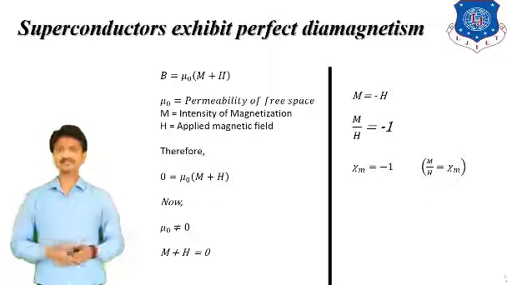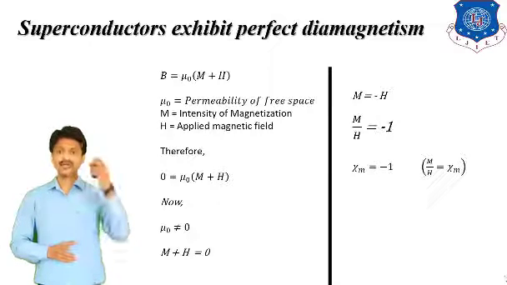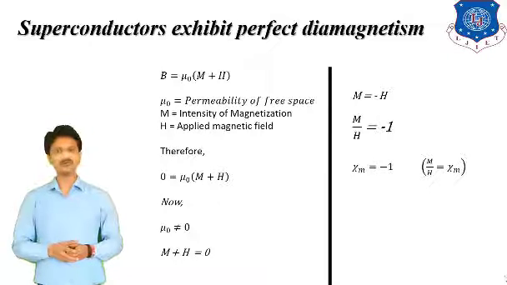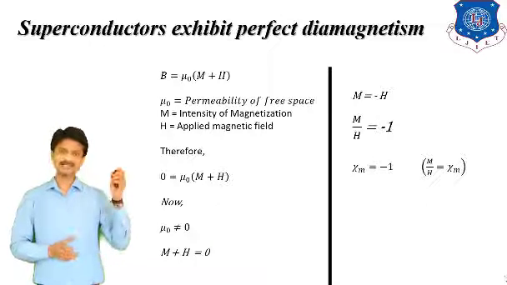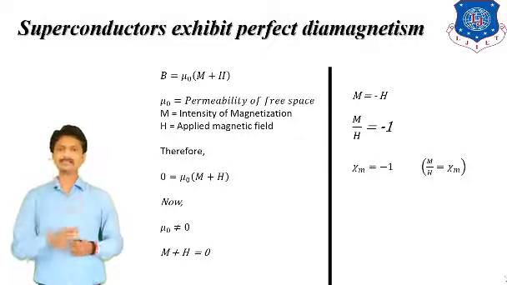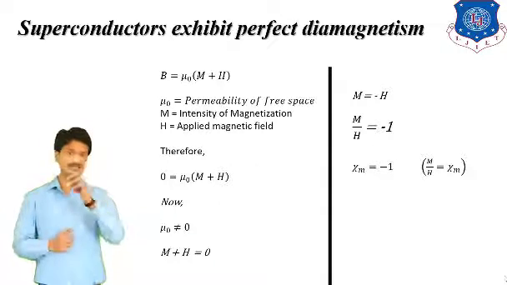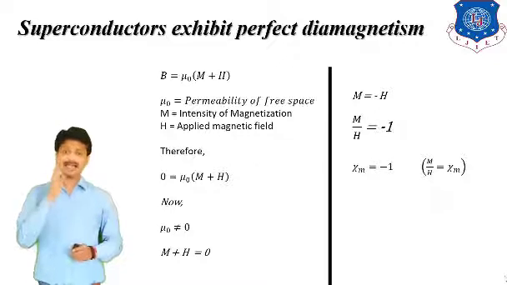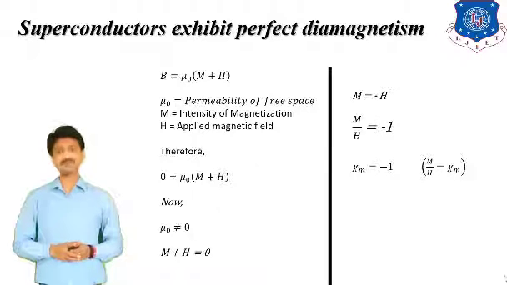So if we replace xm equals M by H in the above equation, then we have xm equals -1, where xm stands for magnetic susceptibility. So we can say from this derivation that a superconductor exhibits negative susceptibility.